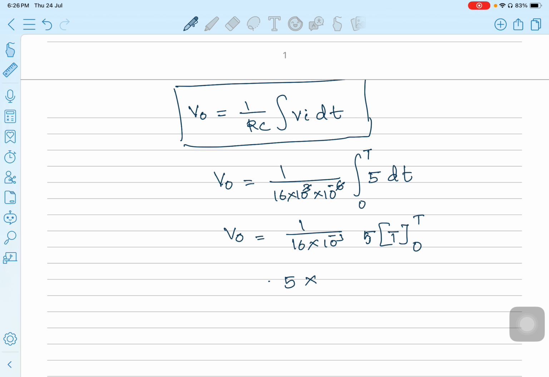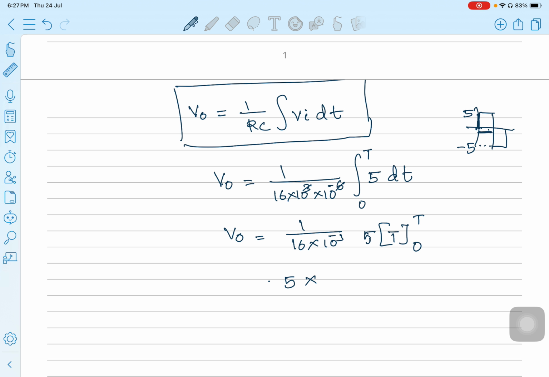Since I have taken, see here I will show you, your complete square wave is like this, and you have a peak to peak value of 10 Vpp, that is minus 5 to 5. If I take only a half cycle, then the voltage level is 0 to 5, it is 5. In that case I will be taking only half of the cycle.